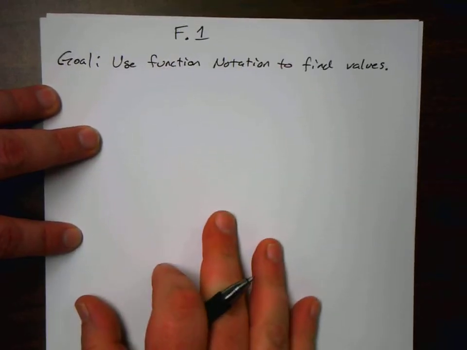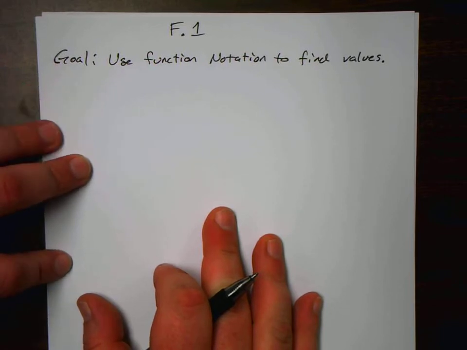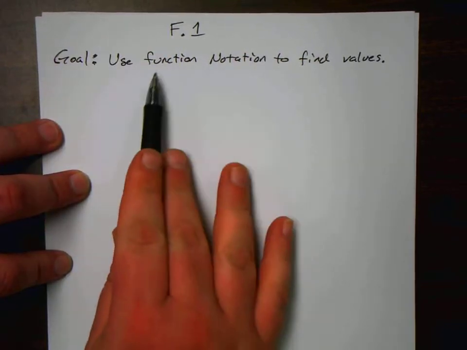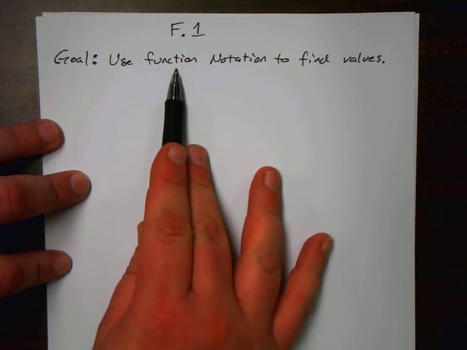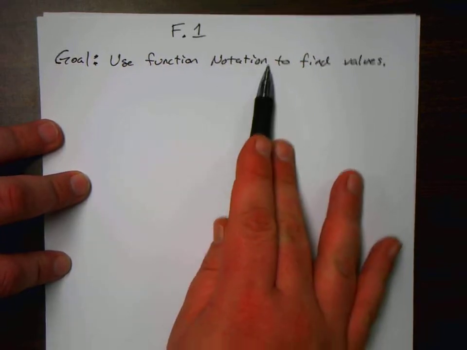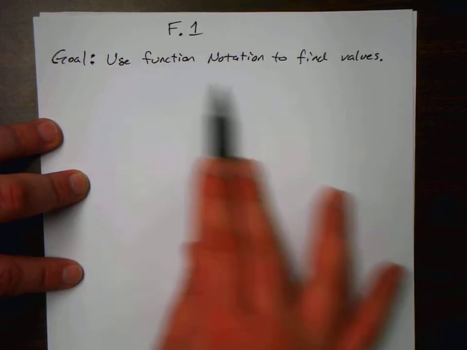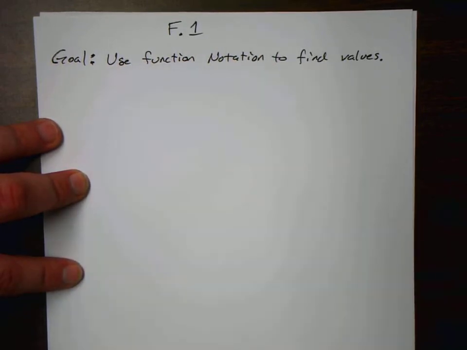So the first thing we need to do is know and understand A, what's a function, B, what is function notation, and C, how are we going to use that in order to find values.